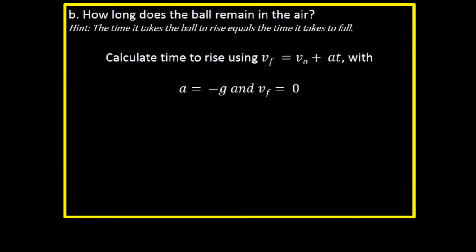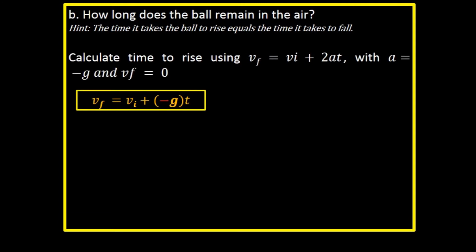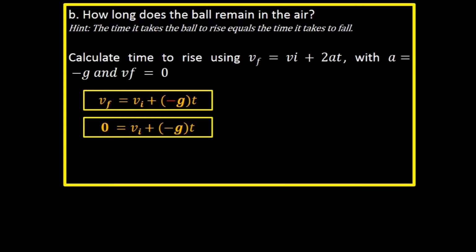Calculate the time to rise using VF equals V naught plus AT, with A as negative G and VF as 0. So there's your equation. Understand that VF is going to drop out because V final is 0. So then you have 0 equals V naught plus negative GT.